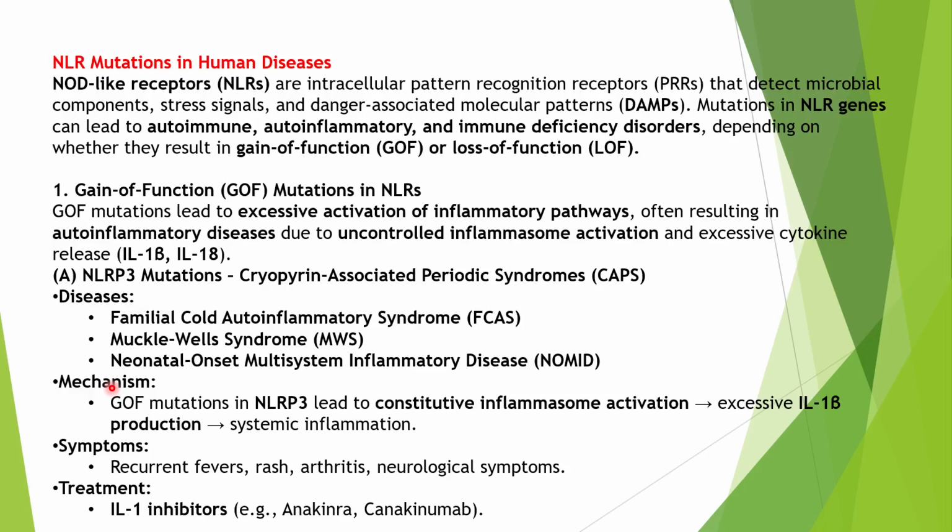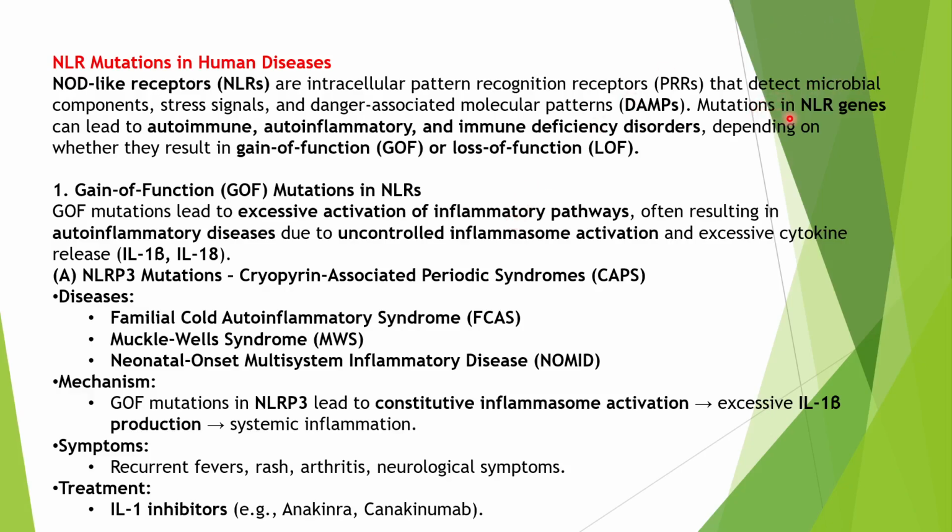So NLR mutations in human diseases. The NOD-like receptors in intracellular pattern recognition, like we discussed, have both gain of function and loss of function mutations. Every particular gain of function or loss of function mutation in a different NLR leads to specific kinds of disorders, specific deficiencies and immune related diseases.